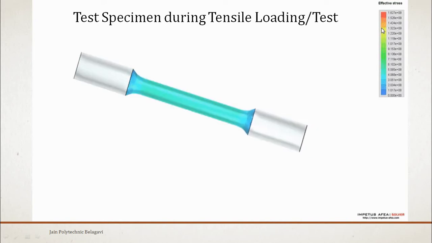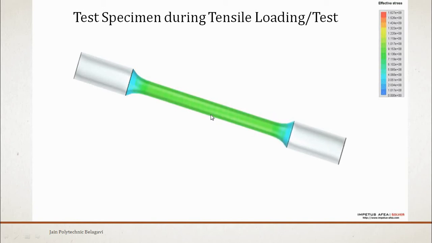These colors indicate the changes in the extension. See, it is now green, turning to yellow slowly, then orange, then red, and here it breaks.